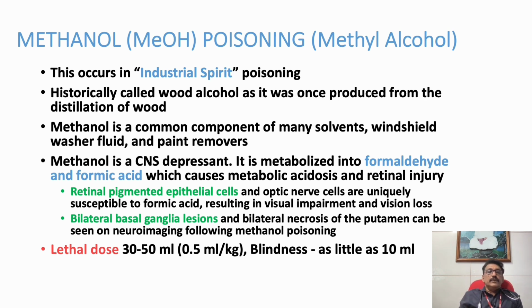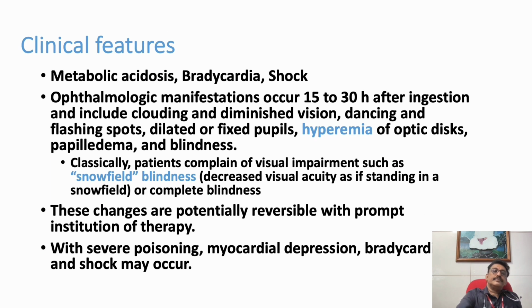The lethal dose of methanol poisoning is 30 to 50 ml, but the amount of methanol required for blindness alone is very small. 10 ml is enough to produce blindness in a patient who is having methanol poisoning.